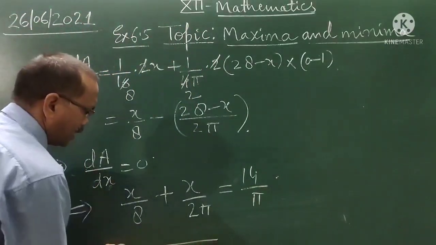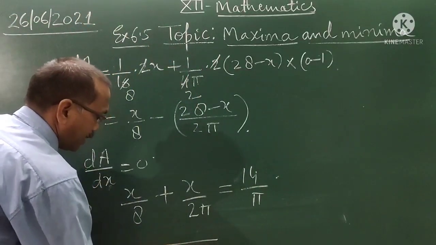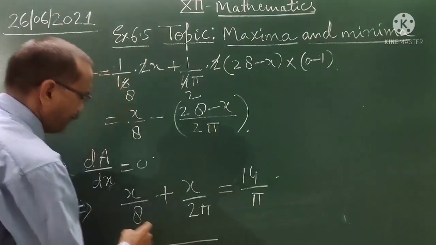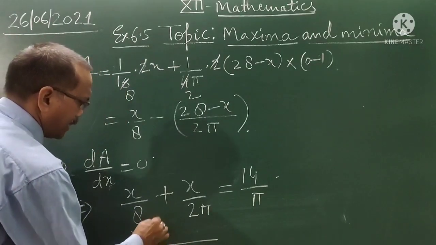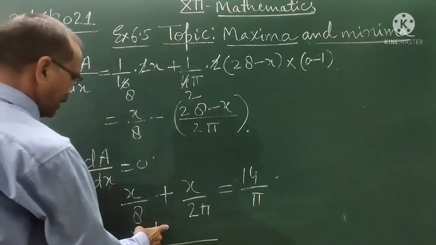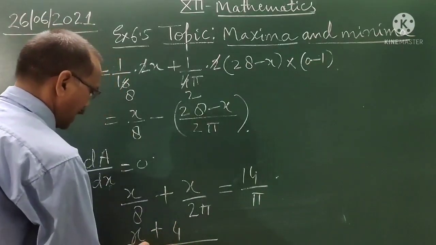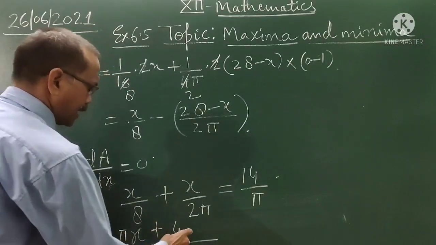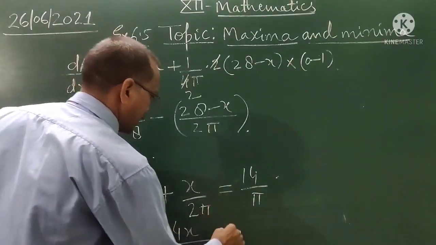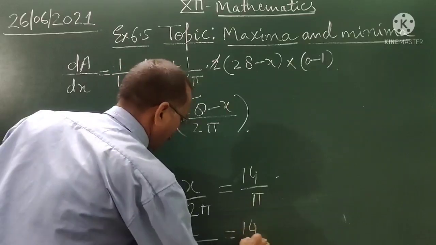Now here 8 pi is the LCM, so it is x plus 4 x pi plus 4 x equal to 14 upon pi.